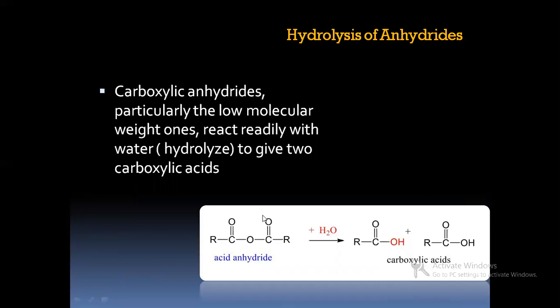This is your acid anhydride structure. You have two acyl groups, C double bond O R and C double bond O R, and they are attached to the same oxygen atom. So these compounds are referred to as acid anhydrides.